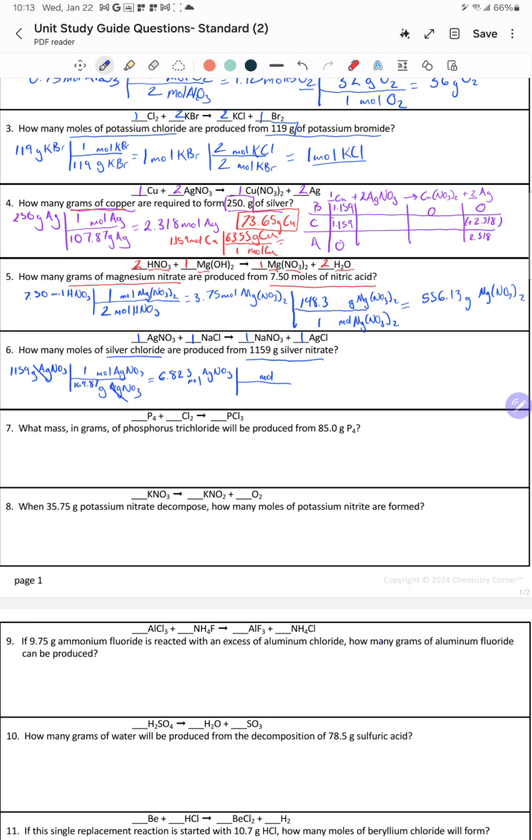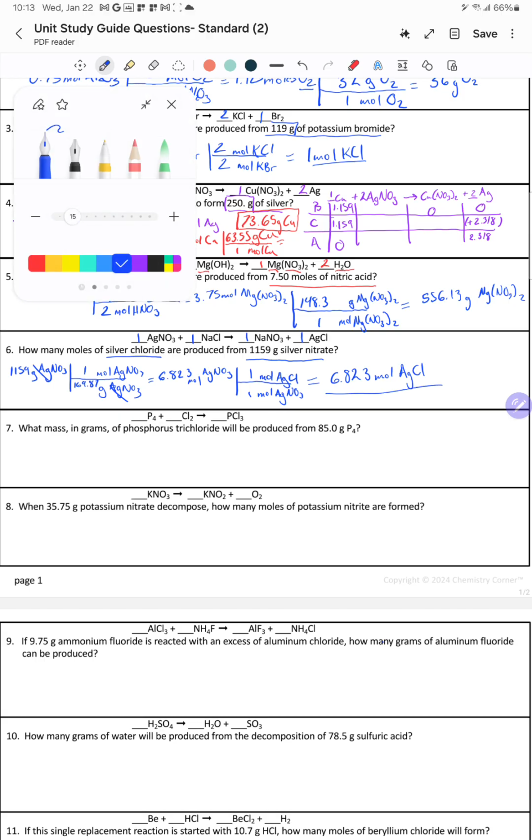Moles of silver chloride goes on top of the fence, from moles of silver nitrate. Well, it's a 1-to-1 ratio. That means the mole value doesn't change. It still is 6.823 moles of silver chloride. Okay, and that's it for that one. Next.